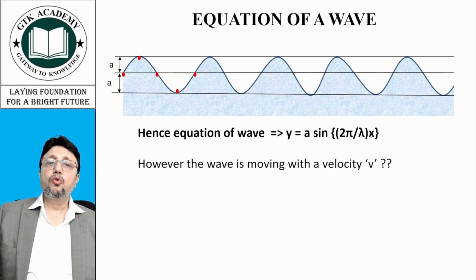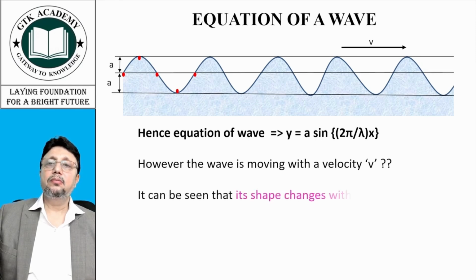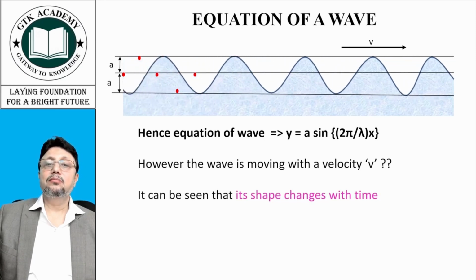The wave is moving with a velocity v, like this. So after some time, what will happen? Its shape changes with time. Now, where are your positions? This particle is now in this position. This particle has moved to this position. This particle has moved to this position.